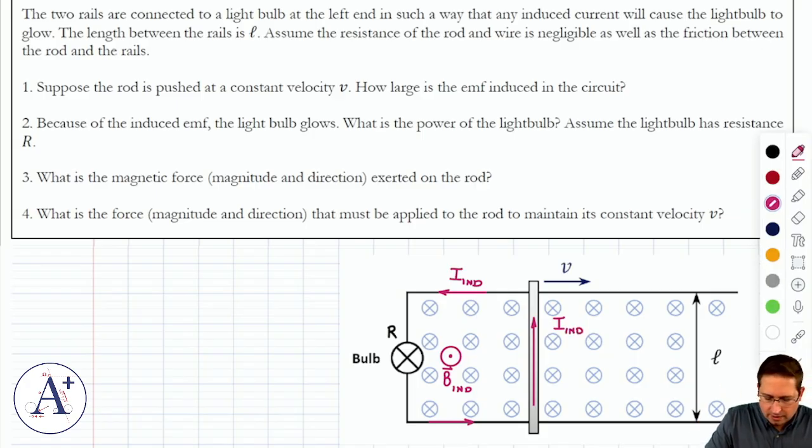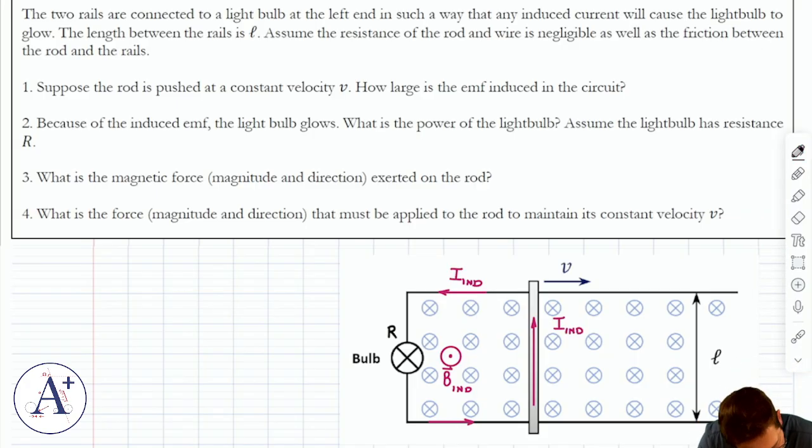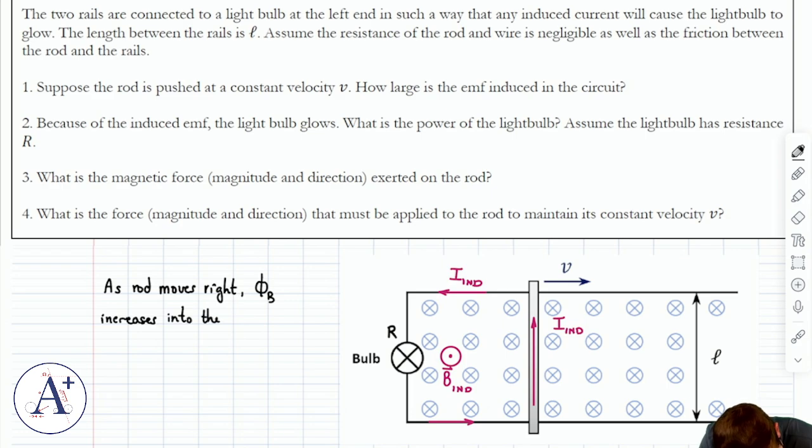Okay? So that is what's going on. So maybe we write that out real quick and say, as the rod moves right, phi B increases into the page, because the area of the loop increases.